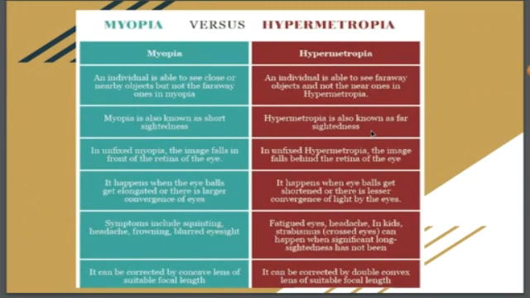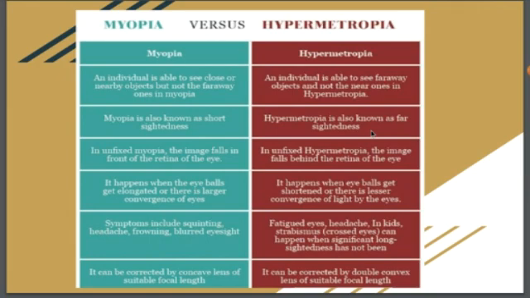So this is the difference between myopia and hypermetropia. In myopia, an individual is able to see close or nearby objects but not faraway ones. Myopia is also known as short-sightedness. In uncorrected myopia, the image falls in front of the retina of the eye.